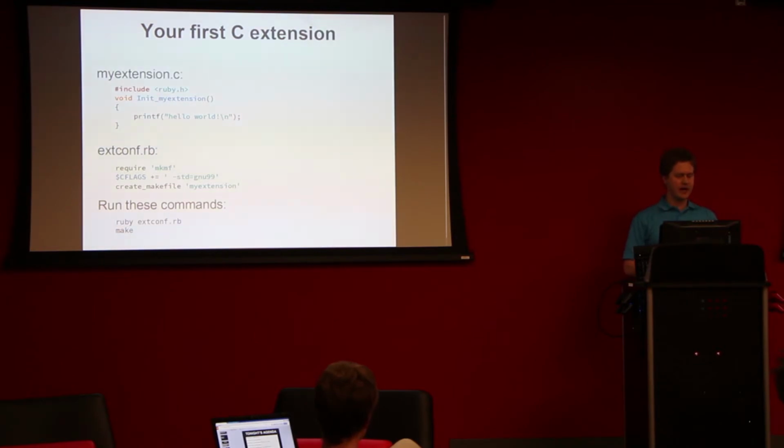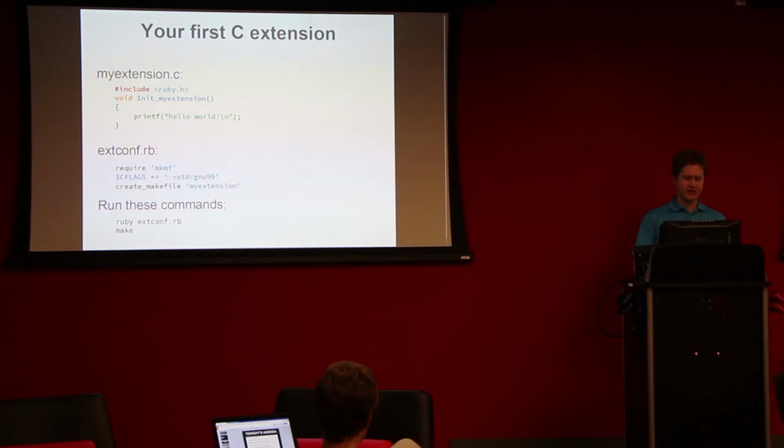Now, to compile this, there are a couple steps. First, you need to make this extconf.rb, which stands for extension configuration or something like that. It really only takes 2 lines. You require mkmf. The second line is optional, but I added it because it lets you use a modern version of the C language that lets you be a little bit more flexible where you declare your variables and stuff like that.